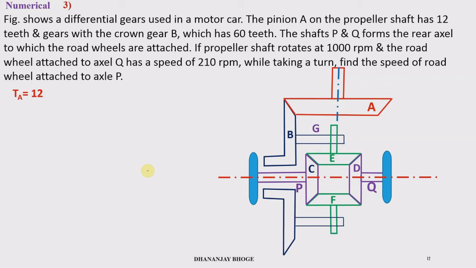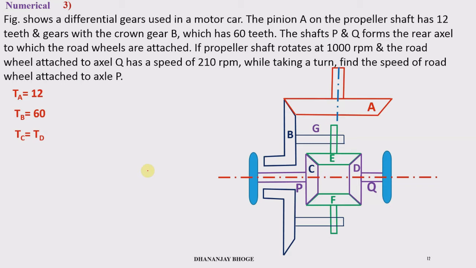Now we'll extract the data from the problem statement. Number of teeth on gear A are 12, so TA equals 12. Number of teeth on gear B, that is the crown gear, is 60. Now the number of teeth on C and D are equal.